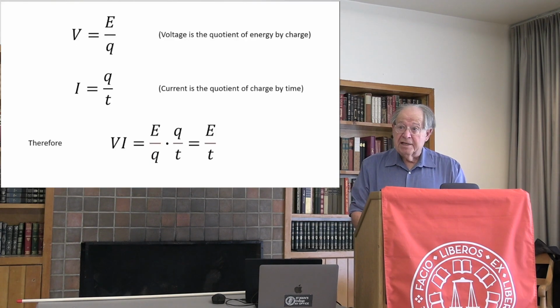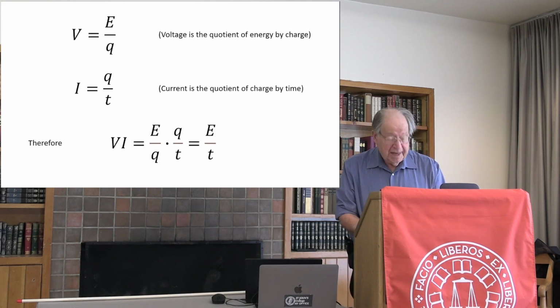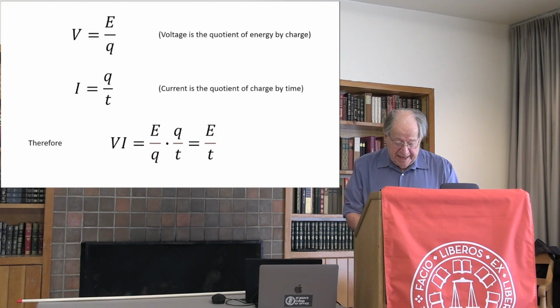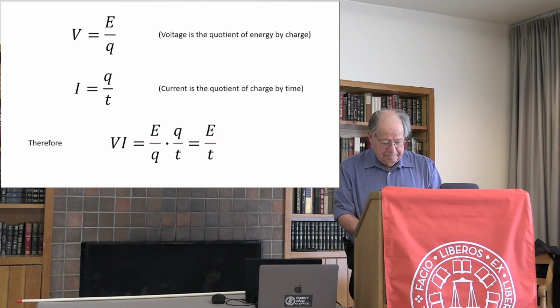It is the consequence of relations of energy. Maxwell defined voltage, his term was difference of potential, as the energy required to transport one unit of electricity from one point to another. That is, V equals E over Q, where E is the energy and Q is the quantity of electricity transported.